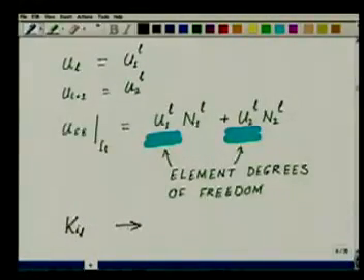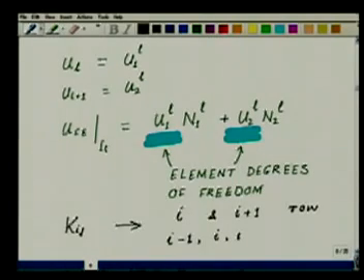So the answer is directly related to the phi i's which are non-zero in the element, so it comes that for rows I and I plus 1 globally, and for these rows, which columns? So the columns will be I minus 1, I and I plus 1 column.